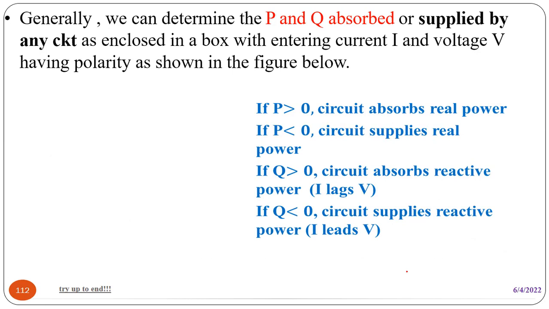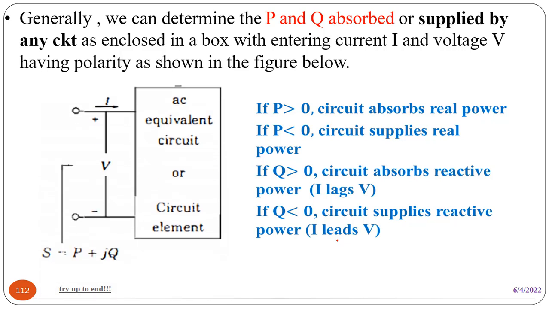Generally, we can determine the active and reactive power absorbed or supplied by any circuit enclosed in a box, like this one. If the active power is greater than 0, the circuit absorbs real power, and if it is less than 0, the circuit supplies power. If the reactive power is greater than 0, the circuit absorbs reactive power, and if less than 0, the circuit supplies it.